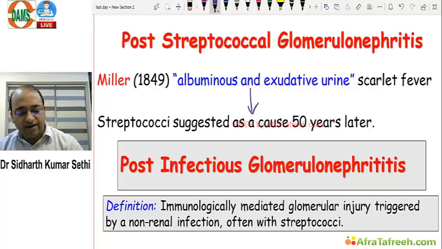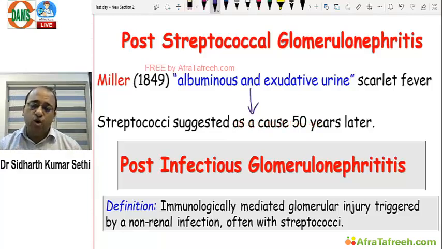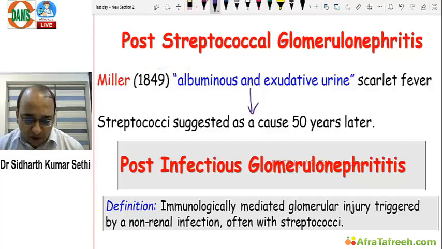So how do you define post streptococcal glomerulonephritis? It's immunologically mediated glomerular injury triggered by a non-renal infection, most commonly streptococci.